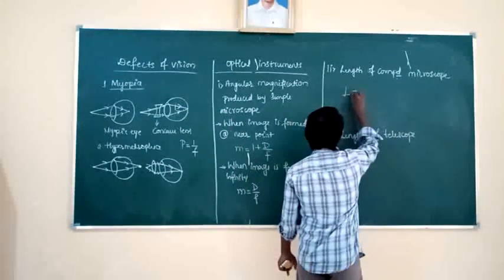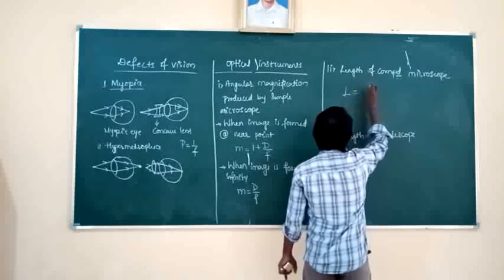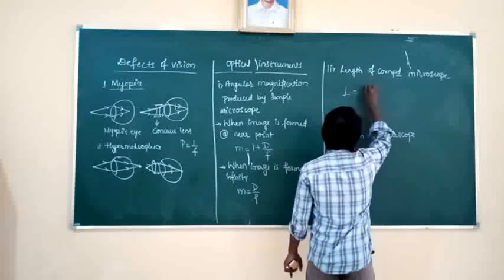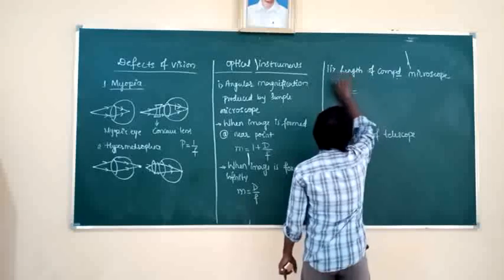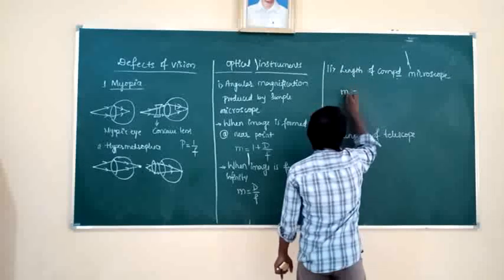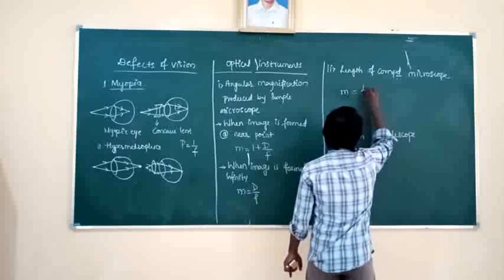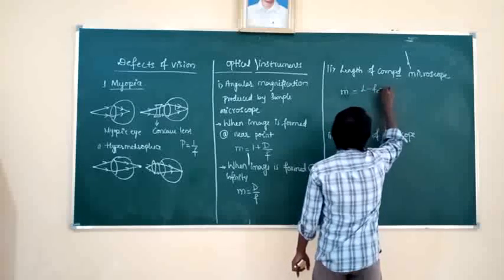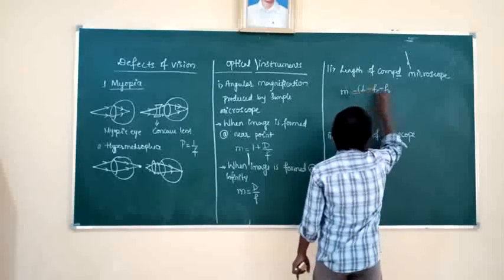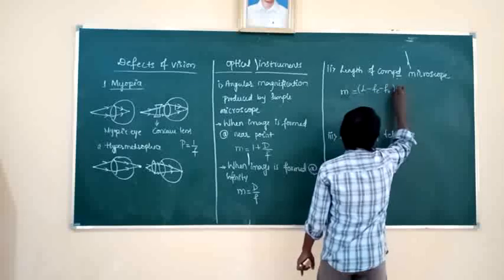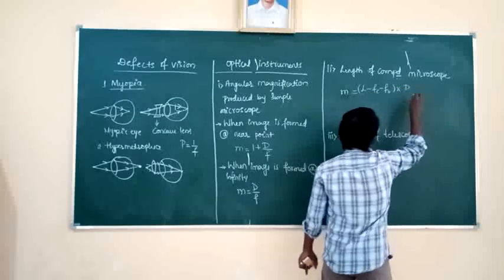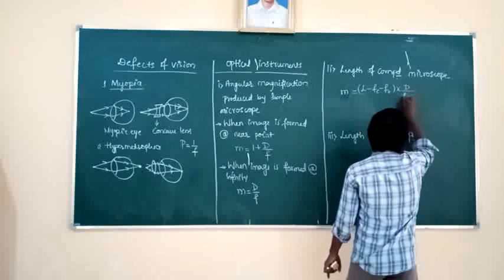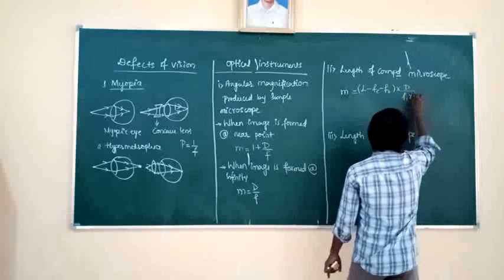You have to remember this formula: L is equal to (Fe minus Fo) into D by Fo into Fe, hmm.